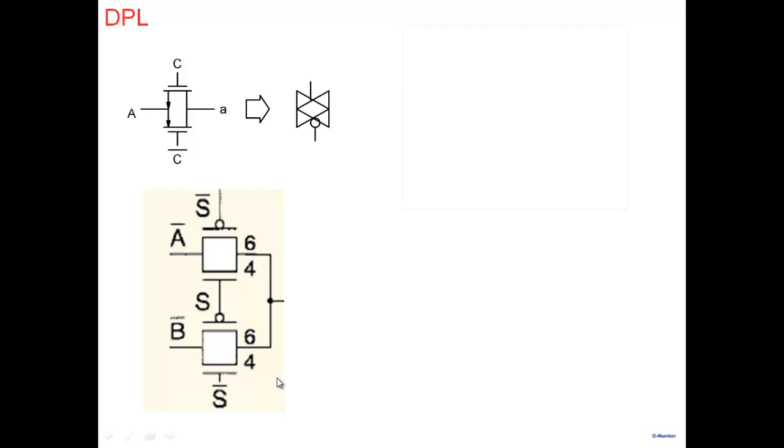Anyway, while you're figuring it out, note that if you examine this pass transistor logic, at several places you require S bar, A bar, B bar; the inputs and their complements are required here.